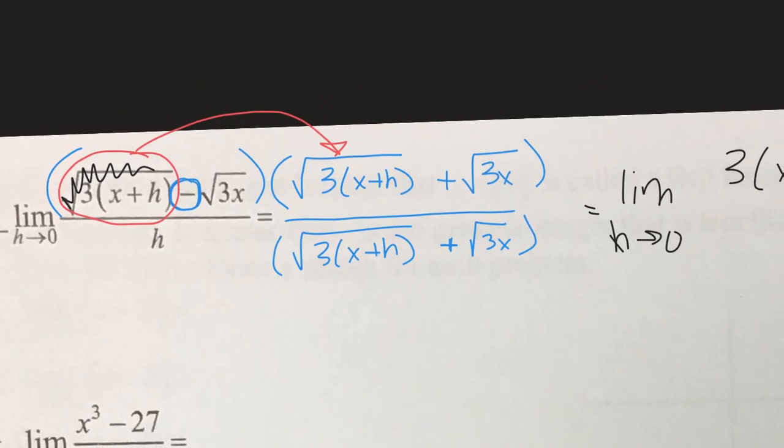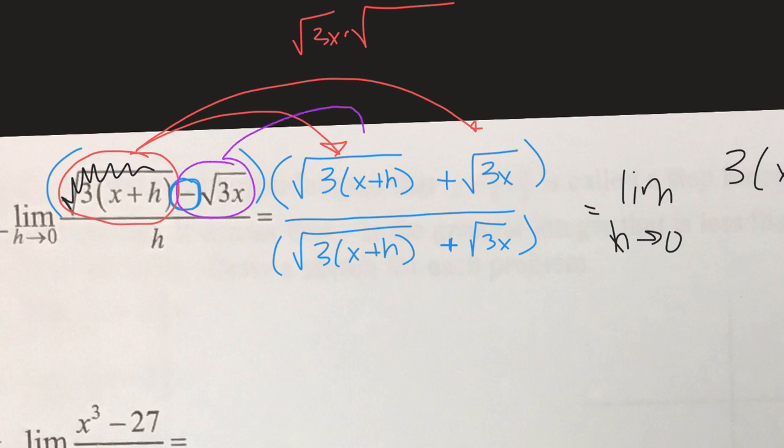And then here's the magic. This is why you multiply by the conjugate, because this is a positive root 3x times another positive root. When we distribute the negative root 3x, that's a negative of the same thing.